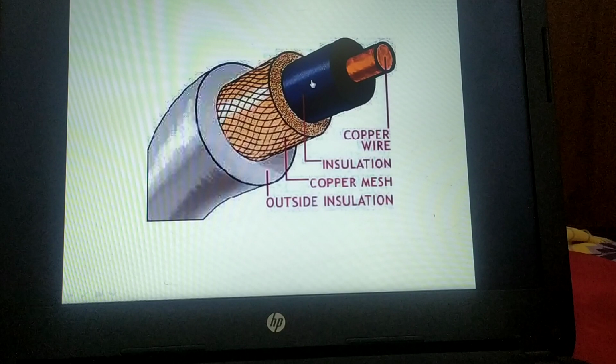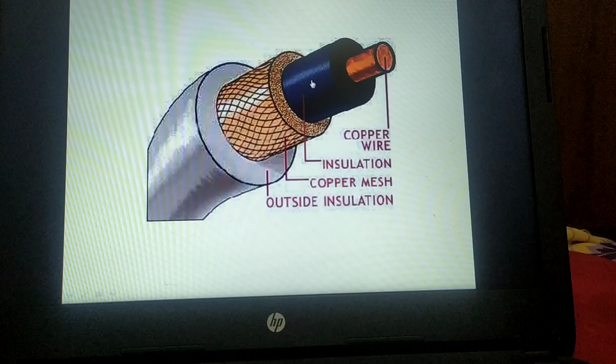Now let us see the two different types of coaxial cable. I don't have any diagram of that. The two different types of cable are thicknet and thinnet. Thicknet is a cable which provides a maximum length of 500 meters, and simultaneously it can send multiple signals at the same time.